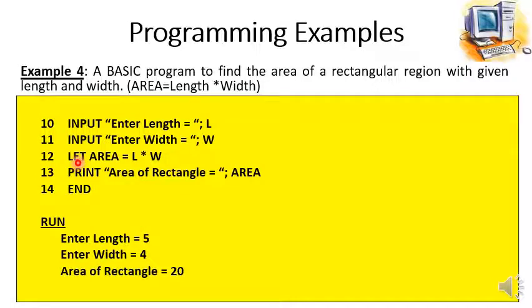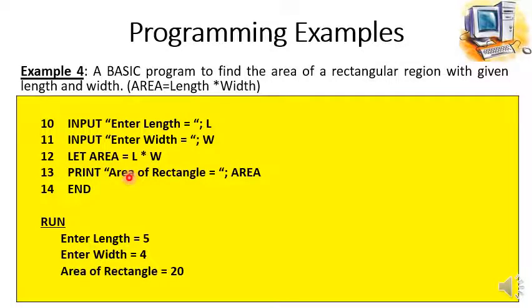So the third statement will be calculated inside the memory. This arithmetic operation is going to be performed by the processor, the ALU, arithmetic logic unit of the microprocessor, which will multiply the value of L, that is 5, with the value of W, that is 4. So 5 multiplied by 4 is 20, and this value 20 will be stored inside this variable area inside the memory.